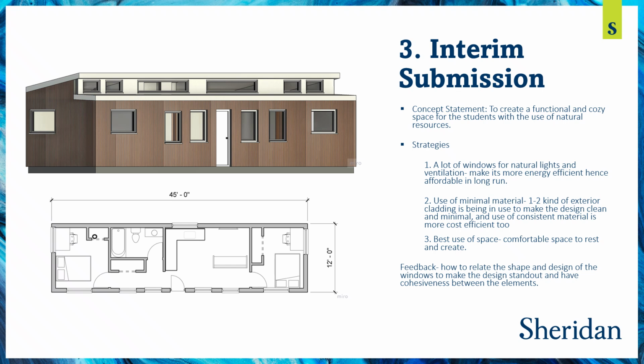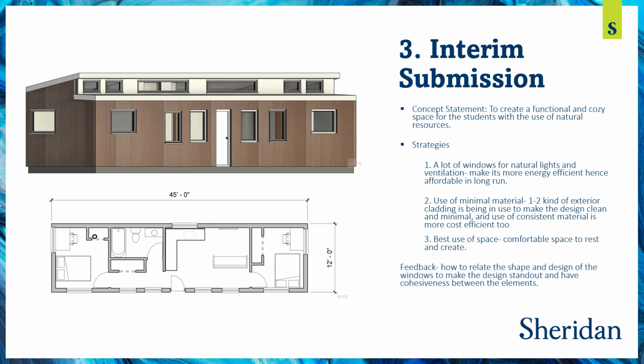The second strategy to do so was using minimal materials. This will not only keep my design minimal, which is my core concept, but also make it more cost efficient during the making process, because we know using consistent material reduces the overall cost of the tiny house.